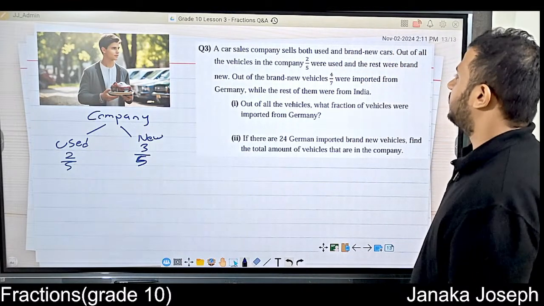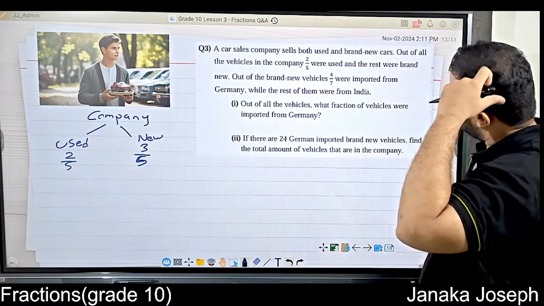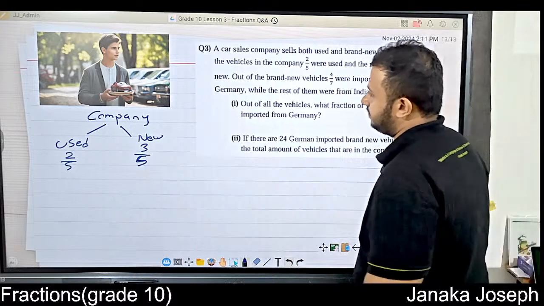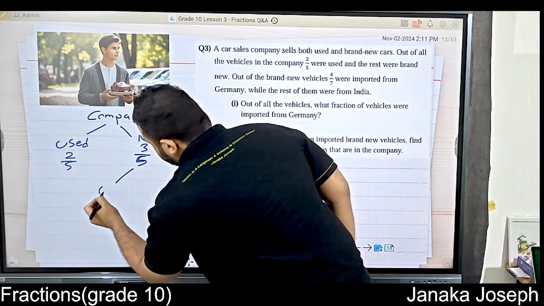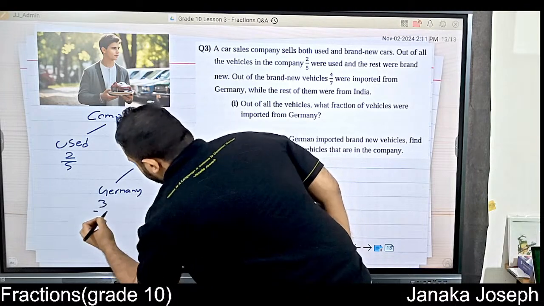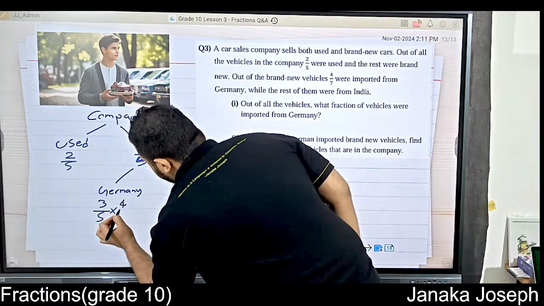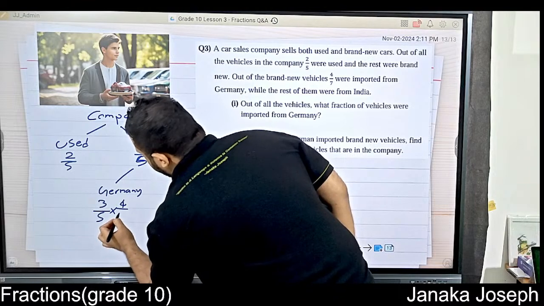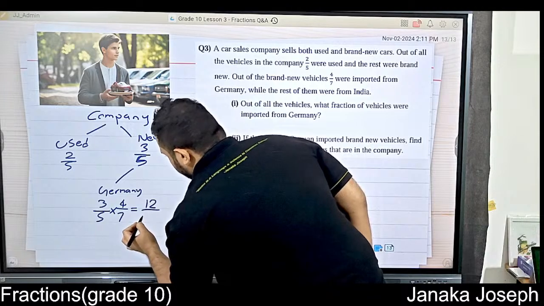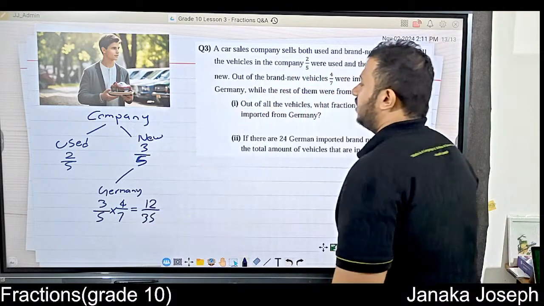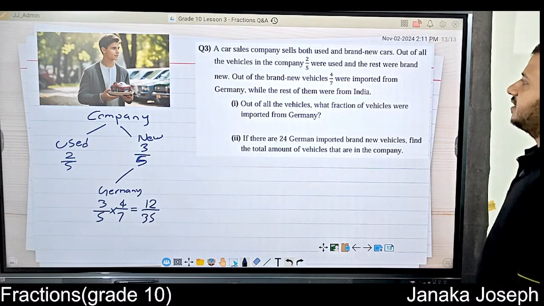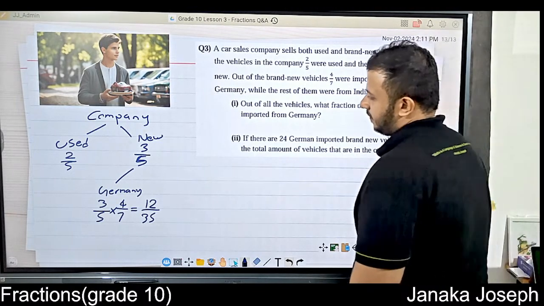Out of the brand new vehicles, 4/7 were imported from Germany. Out of the new vehicles, Germany, how much? Out of the 3/5, 4/7, that is going to be 12 out of 35. 12 out of 35 was imported from Germany, while the rest were from India.